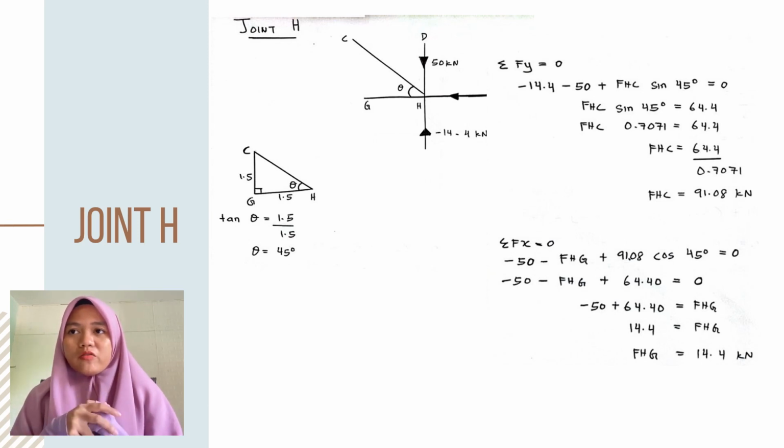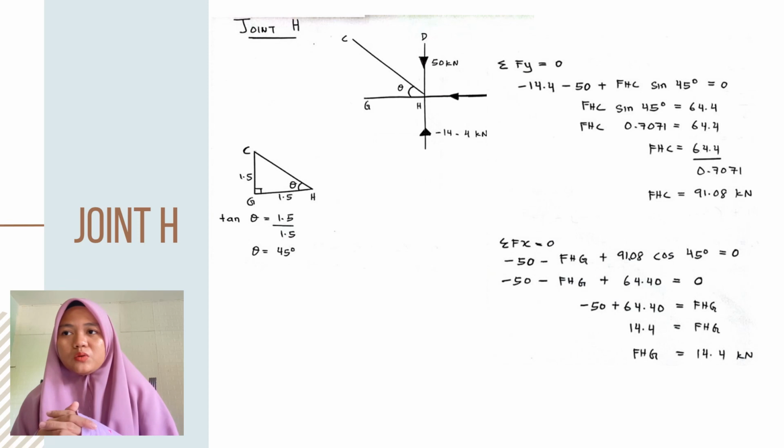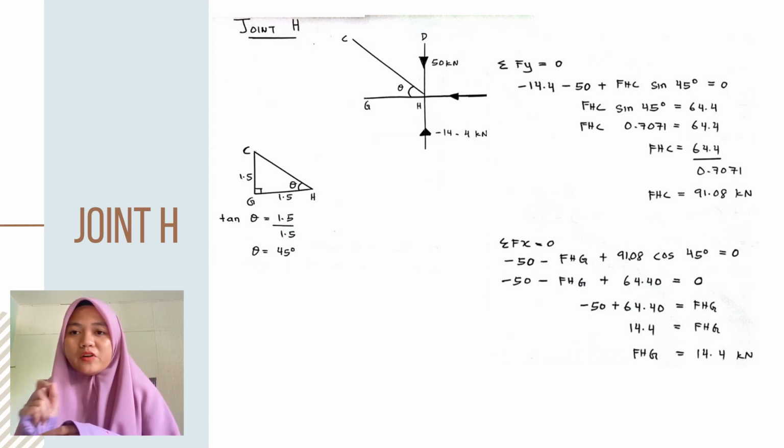Then FHC times 0.7071 equal to 64.4. FHC equal to 64.4 divided by 0.7071. The answer FHC is 91.08 kilonewton.